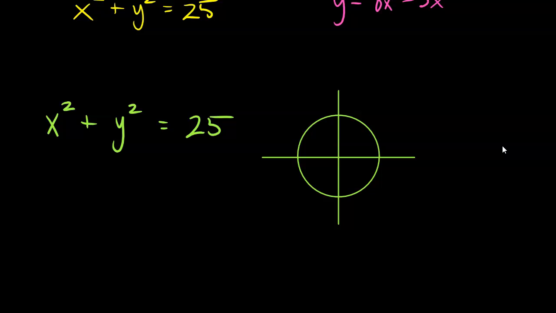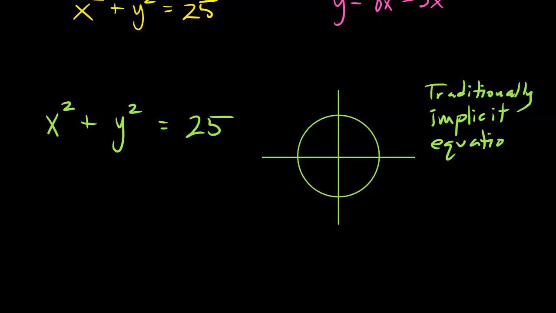So the main difference is that traditionally implicit equations are not functions. They don't have to be.